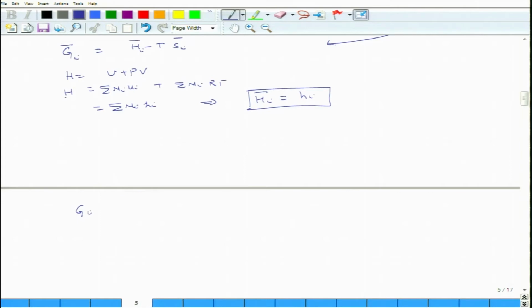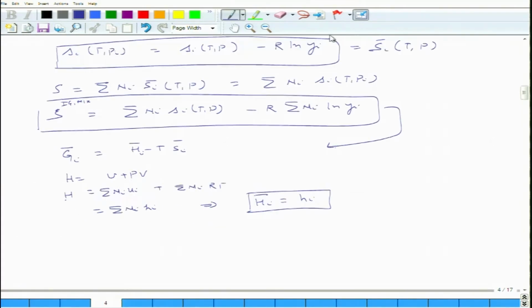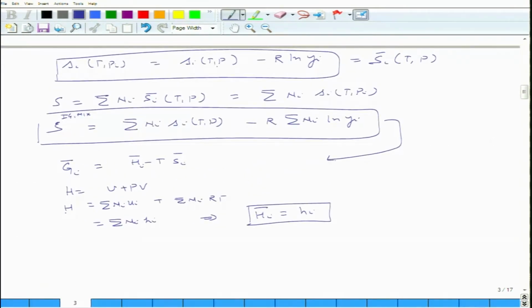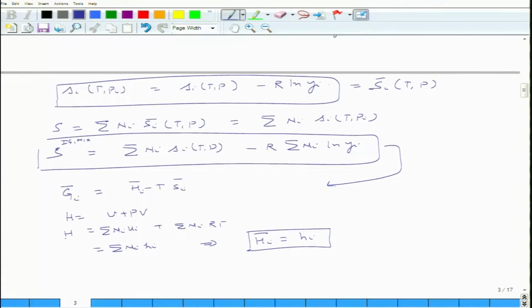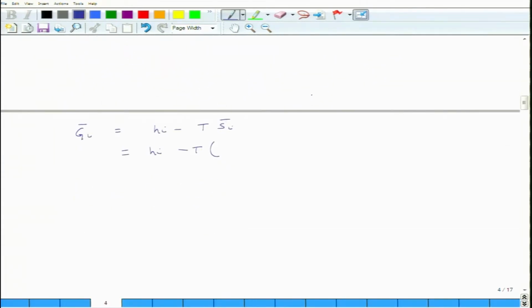So, Gi bar is Hi minus T Si bar, and now I am going to replace Si bar by the expression which we have derived here, which is small si at Tp minus R ln Yi.